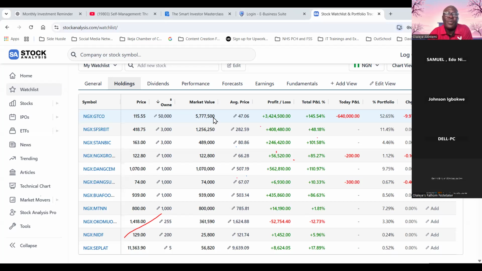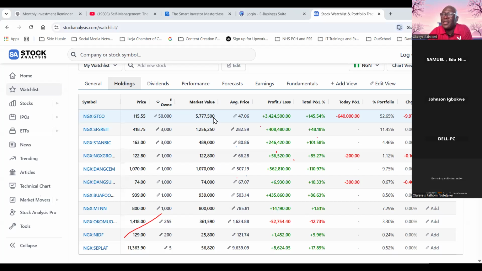After that, I've been buying other stocks. And to be honest, I'm happy I bought that quantity of Gitco because it has performed exceedingly well. The total money I spent on Gitco is less than 2.5 million, but the value is now nearly 6 million. So it's a good opportunity that I bought those units at that time.